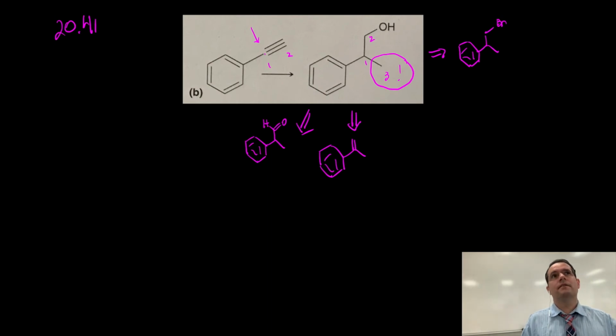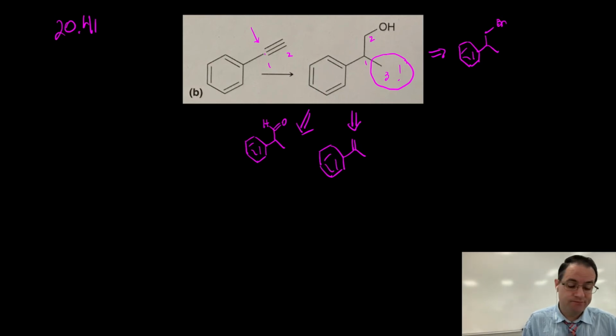So you want to think about the different ways that you can form carbon-carbon bonds. One way to do that is through Grignard reagents, right? Grignard reagents react with ketones, aldehydes, epoxides, stuff like that. So that might be one thing to think about.